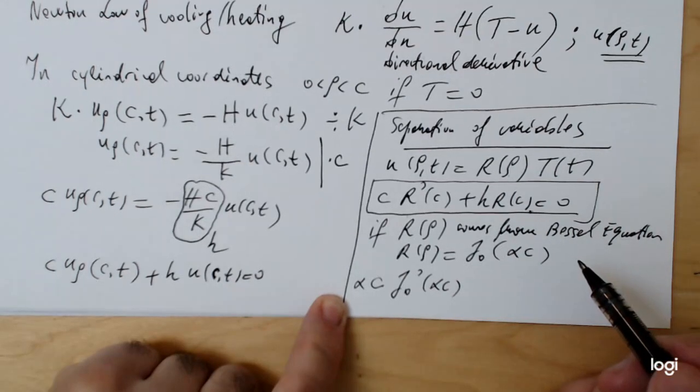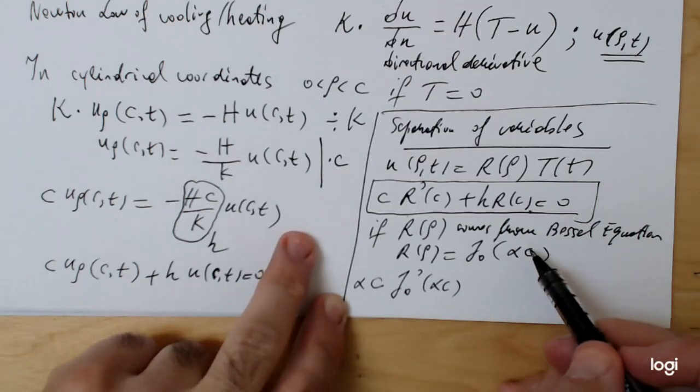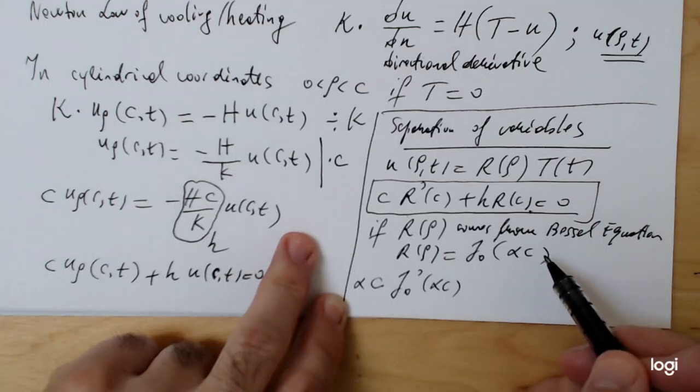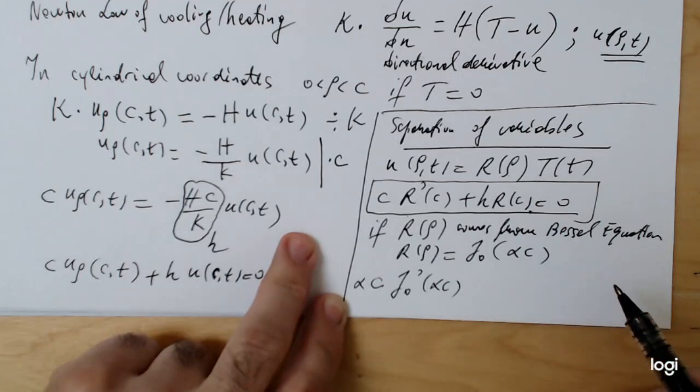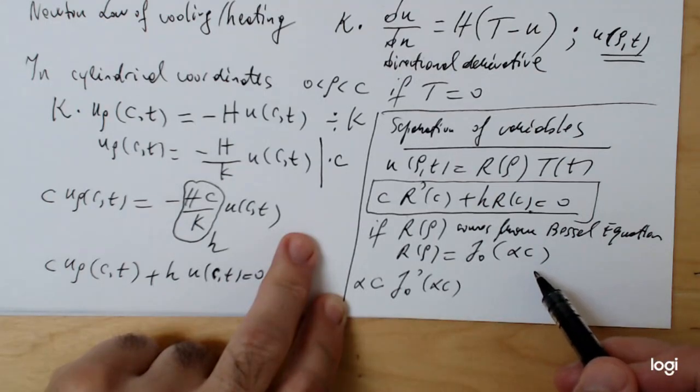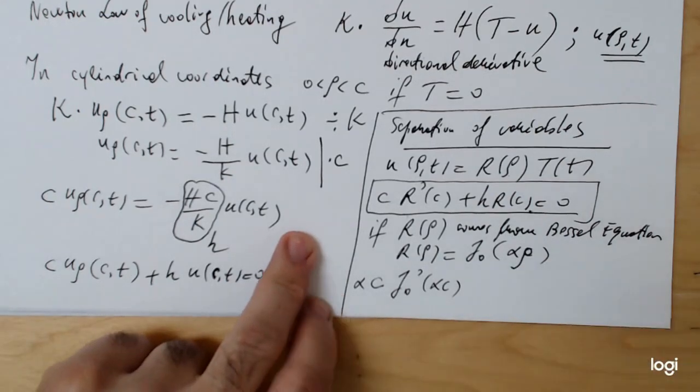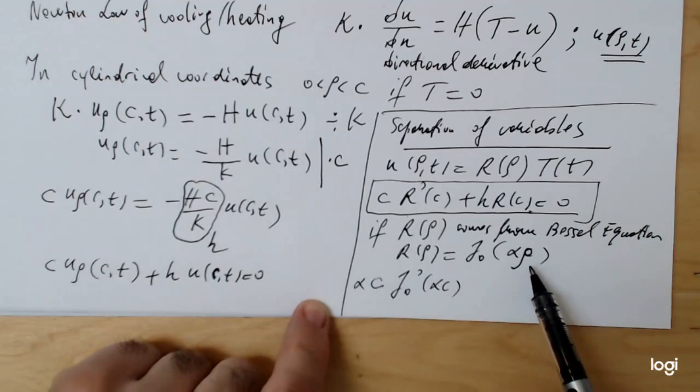So R of rho is J naught of alpha rho, I'm sorry.